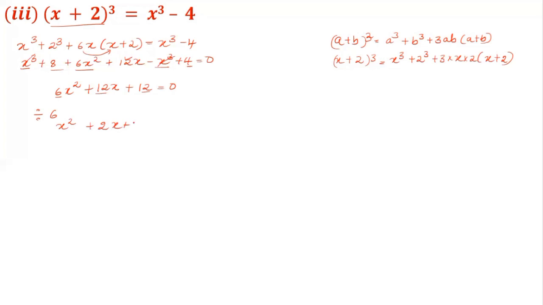We can simplify this further because 6, 12 and 12, all the terms are divisible by 6. So, divide by 6, that becomes x square plus 2x plus 2 is equal to 0. See here, it was looking like a cubic equation, but it is not a cubic equation, it is a quadratic equation. So, we have to simplify to check whether it is a quadratic equation or not.